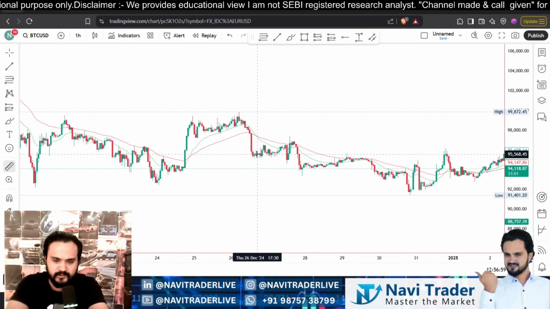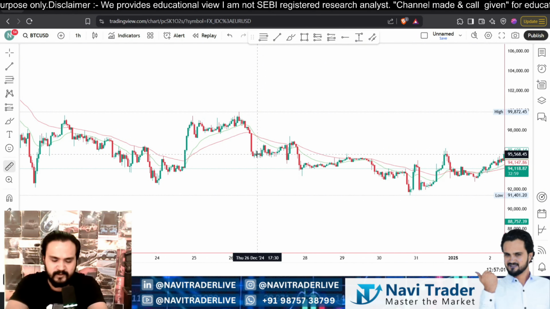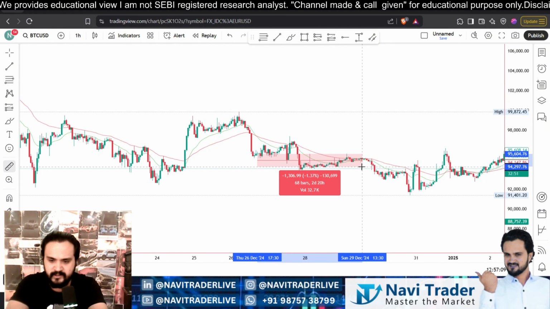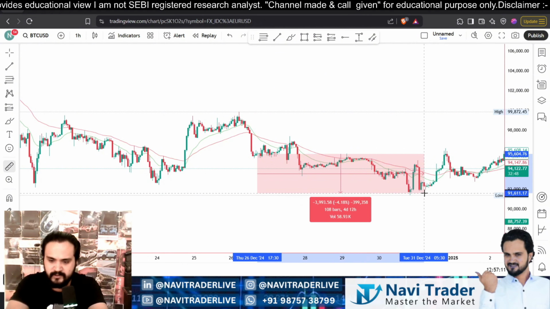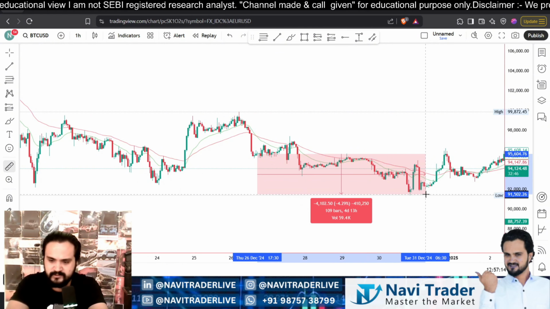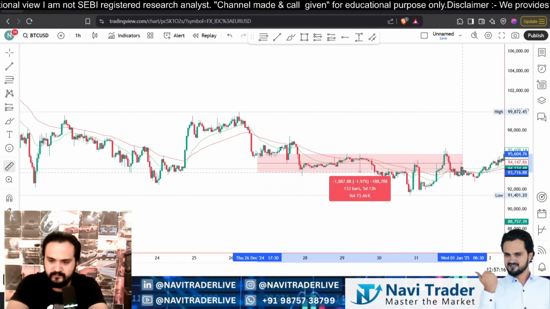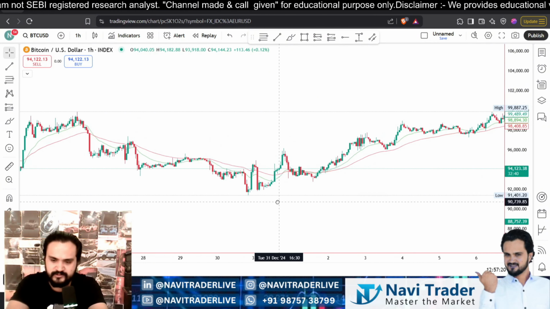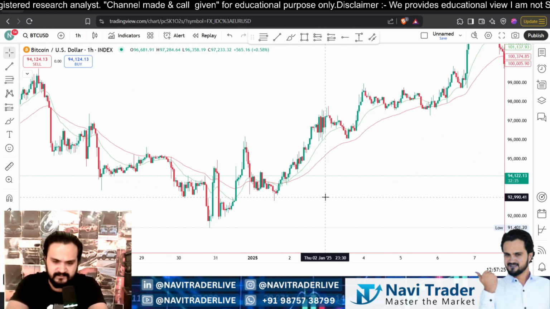So the accuracy of this trade is 80 to 90%, around 85% accuracy in the market. If you initiated your entry here, you can see a good 4000 points rally in the market. But if you cut the trade near this level, you will be exited at cost.